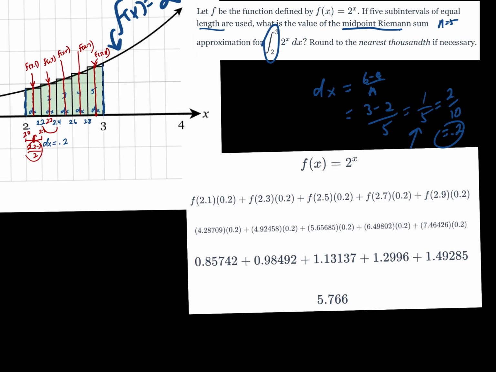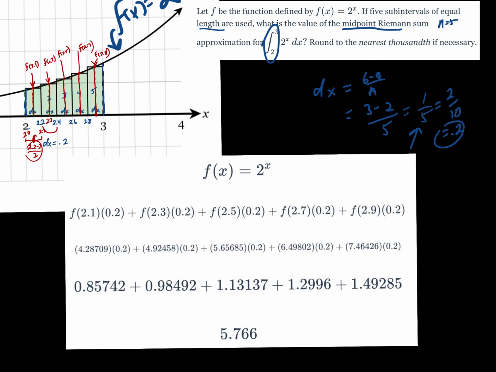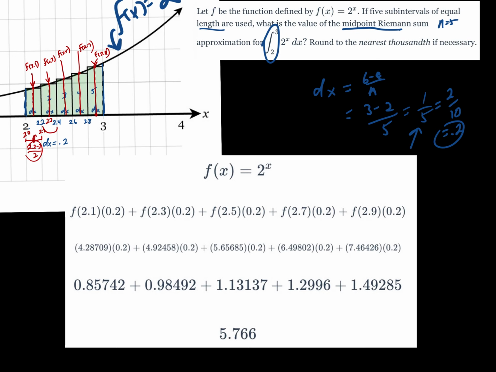Based off of that graph, there's our function f of x equals 2 to the x. I'm not going to do all of them, but if you just do the first one, if you want to know what f of 2.1 is, you plug in 2.1 where the x is. In this case, it's in the exponent. So f of 2.1 is really 2 raised to the 2.1 times 0.2.